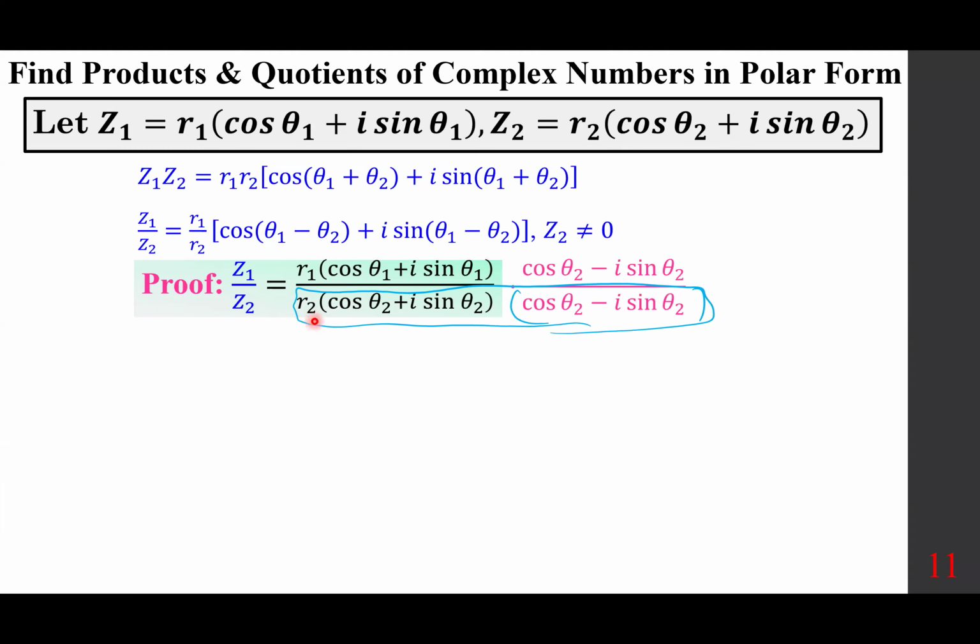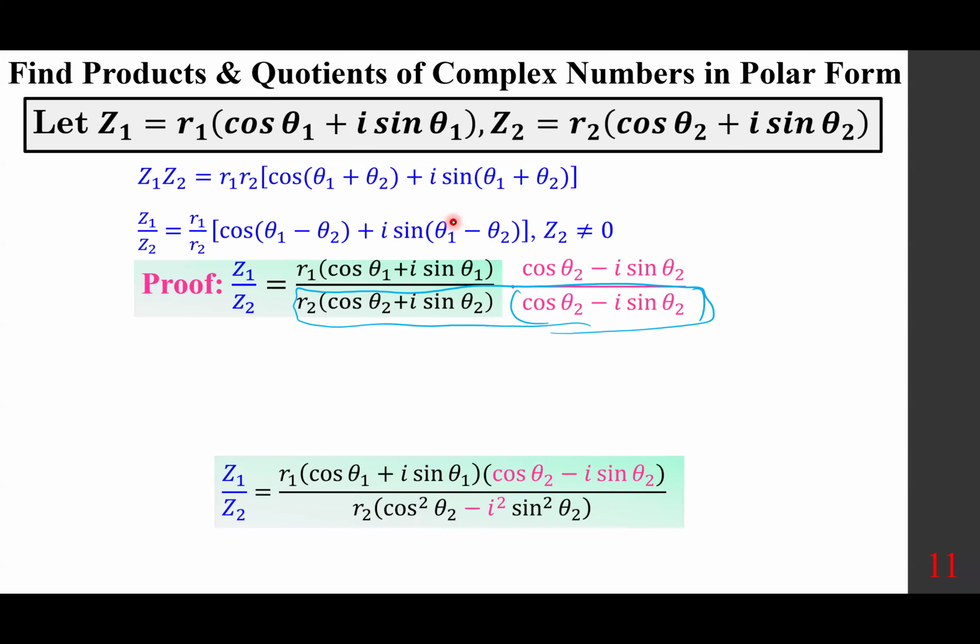You get R2 squared, and then this is A plus IB, A minus IB. It's A squared plus B squared, or minus I squared sine squared. So R2, square this one, minus I squared. I'm going to show you again, although we've discussed that.